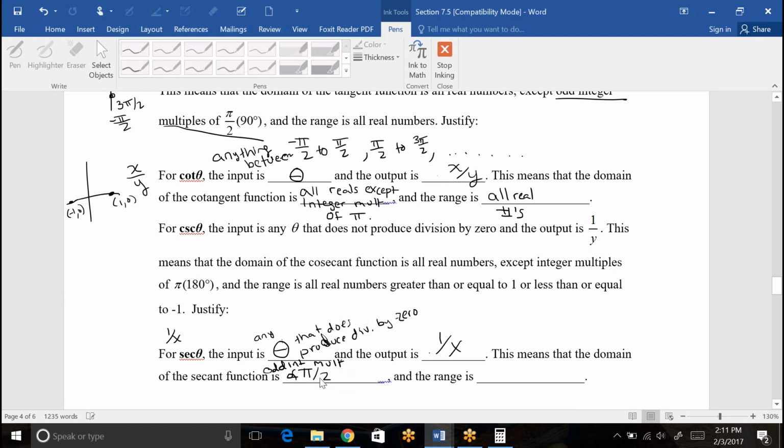The reason for this is, remember, the other function that also divided by x was tangent. So notice, since both of those divided by x, they have the same domain. And cotangent and cosecant both divide by y, so notice they have the same domain. And the range of this is similar to the one you get for the cosecant. It's that your y's have to either be less than or equal to -1, or they have to be greater than or equal to +1.